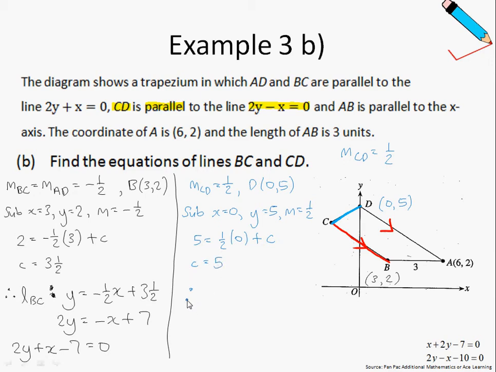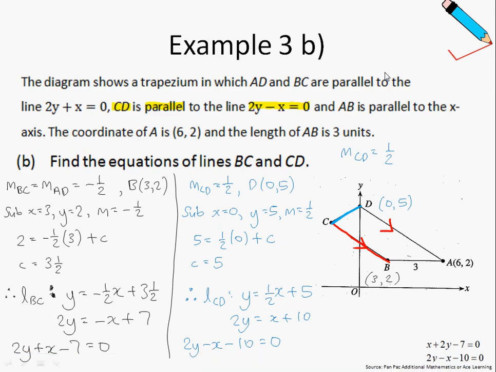Therefore, the equation of line CD is just y equals half x plus 5. If I multiply by 2 throughout, I'll get 2y equals x plus 10. And shifting everything to the left hand side, I'll have 2y minus x minus 10 equals 0. And there we have it. This is the equation of line CD.